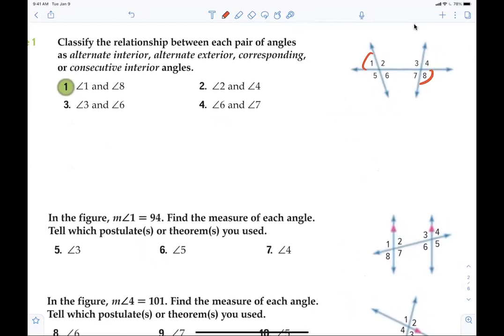Good. 2 and 4: corresponding, right? They're above and to the right. Both angles are above and to the right. 3 and 6: alternate interior.